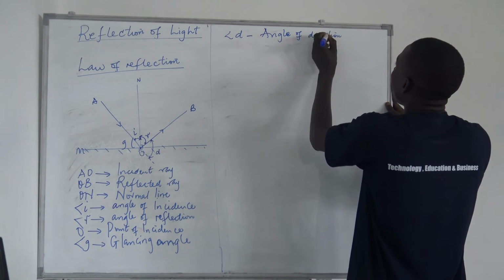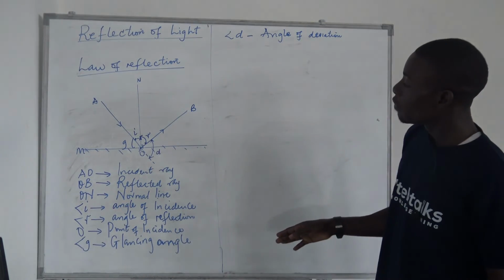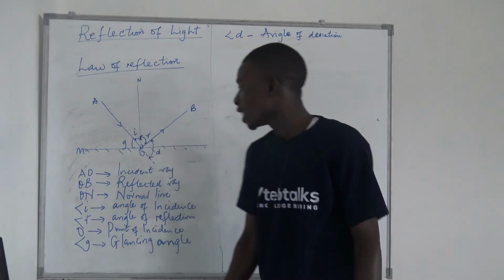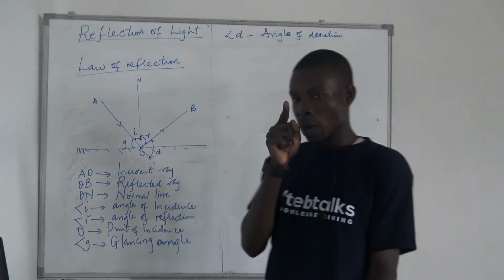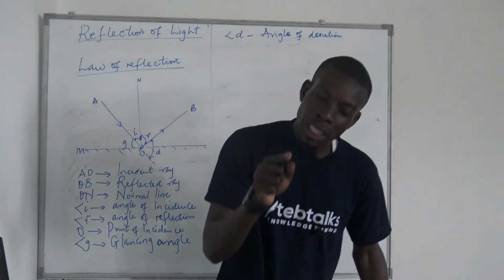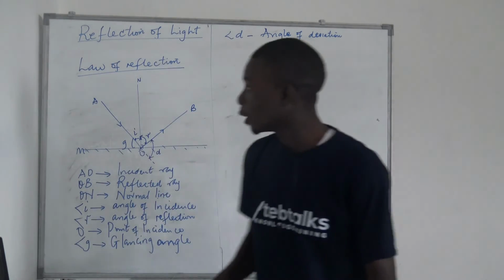Angle of deviation, isn't it? How do we define the angle of deviation? Angle of deviation is the angle between the initial direction of the light rays and the final direction, isn't it?